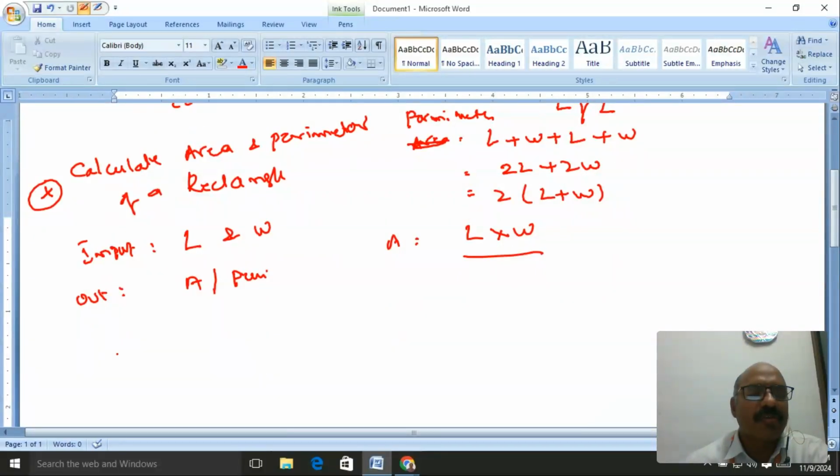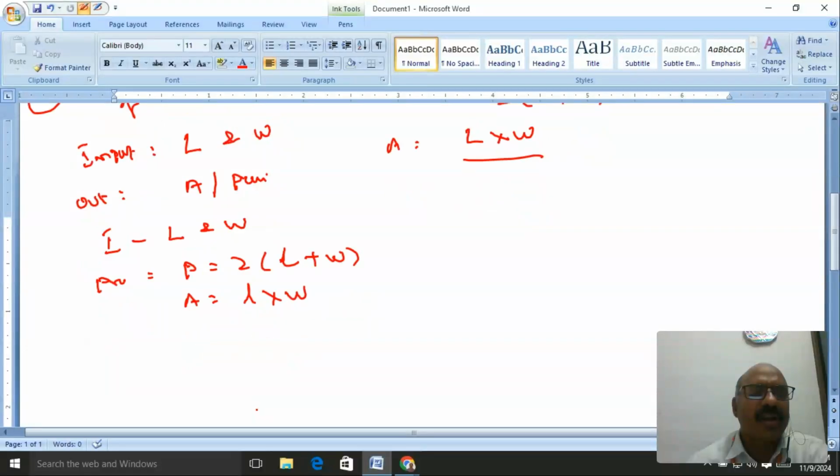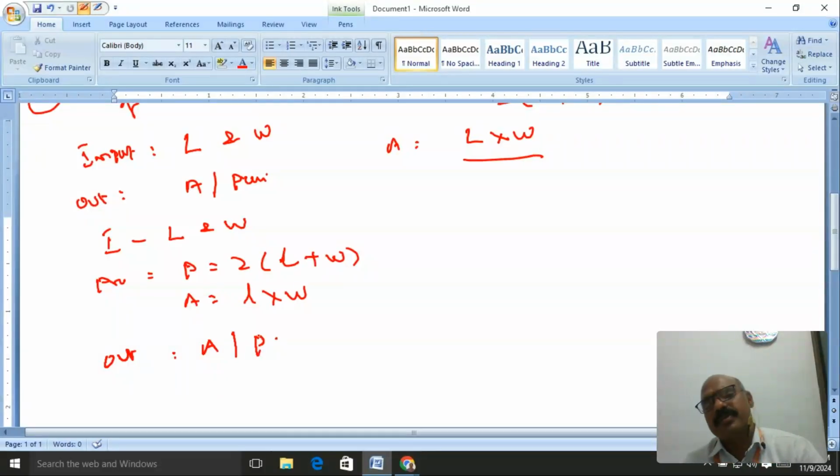Suppose this is the input L and W, length and width, and the process is perimeter equals 2 into (L plus W), and area equals L into W. This is the process, and the output is the values of the area and perimeter.